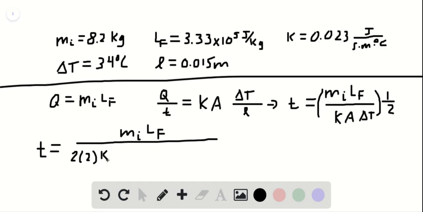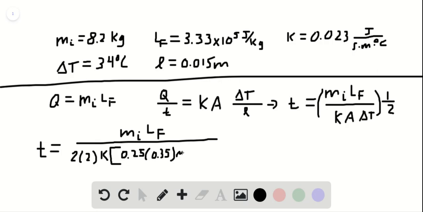Times K. And then multiplied, well, now we have to find the area. But the area is going to be the total of the area of each of the 6 sides that make up the box. But since there are 6 sides that make up the box and 3 of them are actually identical, each 3 of those are going to be multiplied by 2. So that's why that 2 got pulled out front. So we're going to have one of the sides, which was 0.25 meters times 0.35 meters.